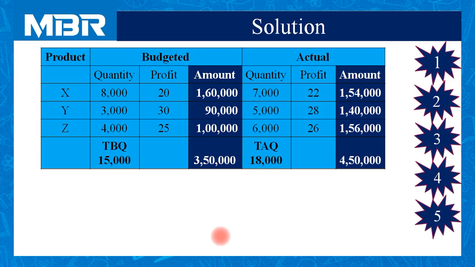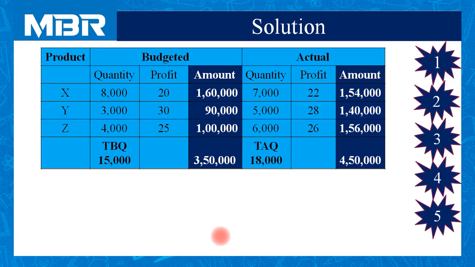Same way, actual quantity, profit, and multiplication of this quantity and profit resulting into amount. 8,000 units multiplied by 20 is equal to 1,60,000. 3,000 units multiplied by 30 is equal to 90,000. For product Z, 4,000 units budgeted quantity multiplied by rupees 25, so amount 1 lakh. Total budgeted profit rupees 3,50,000.